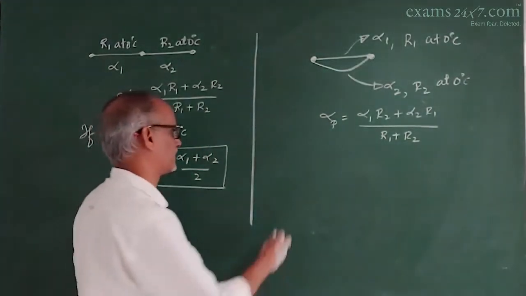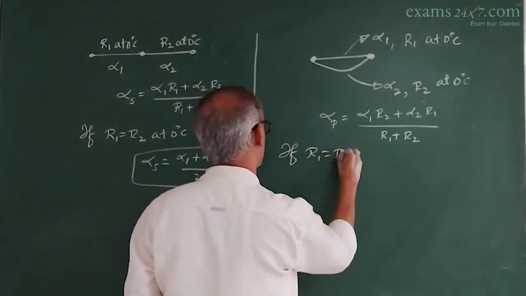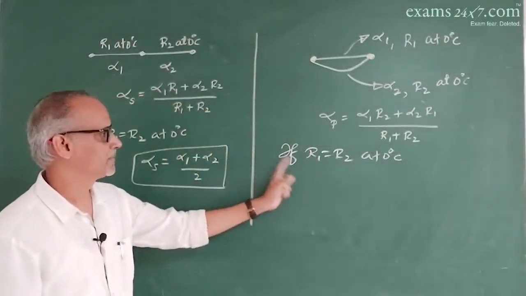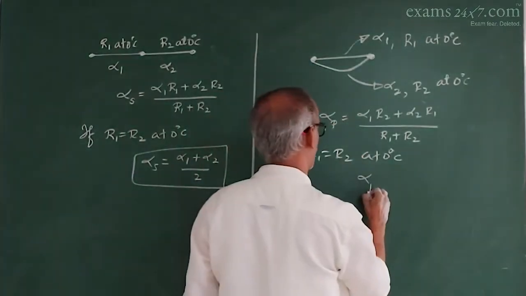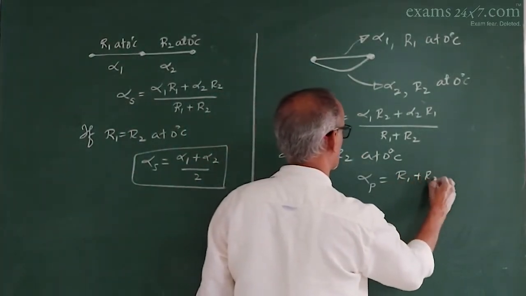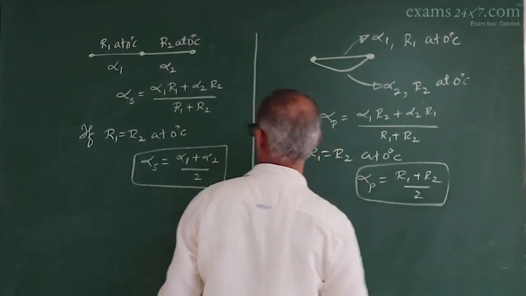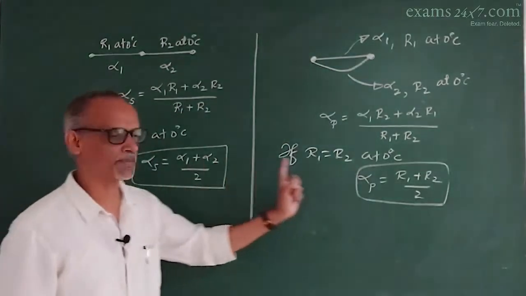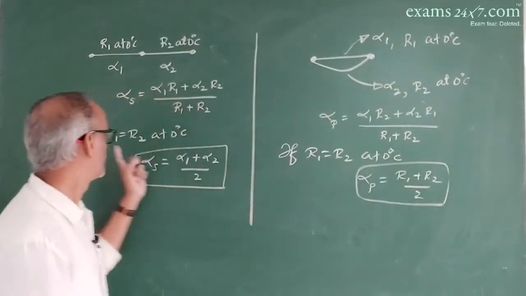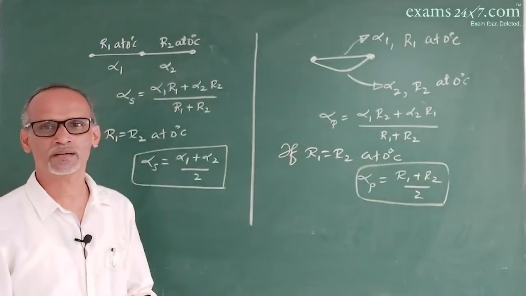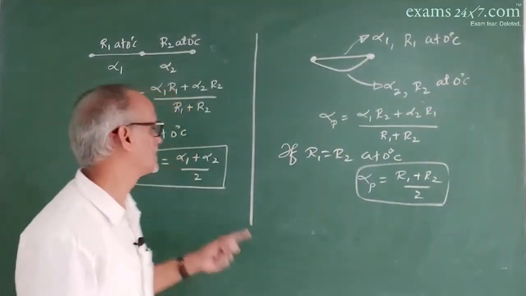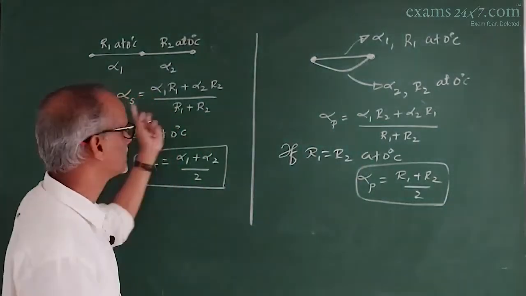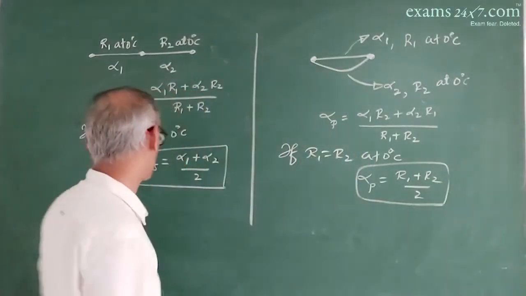Here also, if R1 is equal to R2 at 0 degrees centigrade, then alpha P is equal to alpha 1 plus alpha 2 by 2. So we get the same equation in series as well as in parallel combination if the resistances of the two wires are the same at 0 degrees centigrade. Otherwise, their effective temperature coefficients are different in series and in parallel combination.